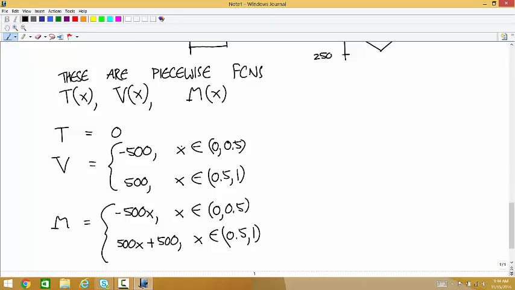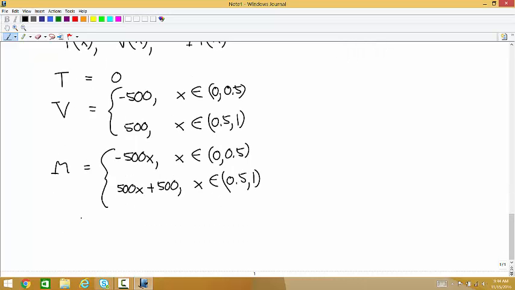Okay? And so these boundaries between subfunctions are a really important thing. So where do the subfunctions change, in general?